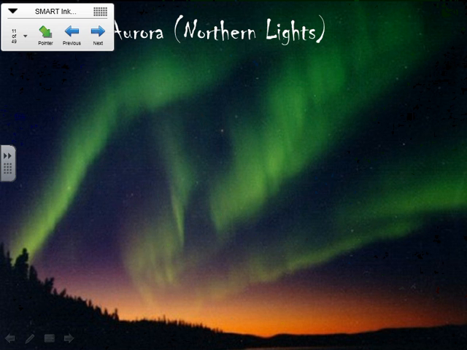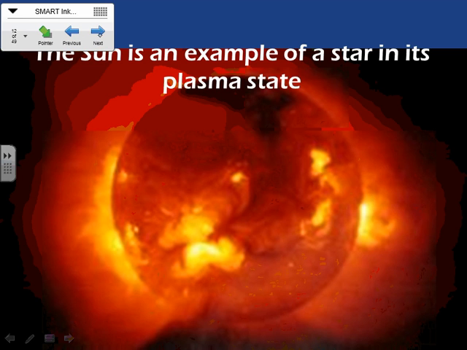You can find it in the northern lights. That's an example of plasma you're seeing up in space. Really it's not all the way up in space. It's just up in the upper atmosphere as the solar radiation hits the beginnings of our atmosphere. And then the sun is an example of a star in its plasma state. So there's some examples of plasma.